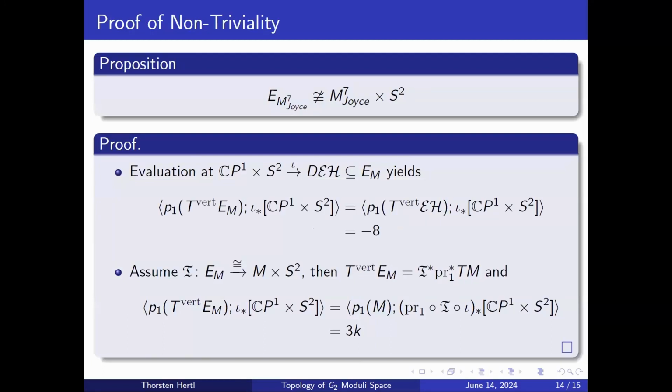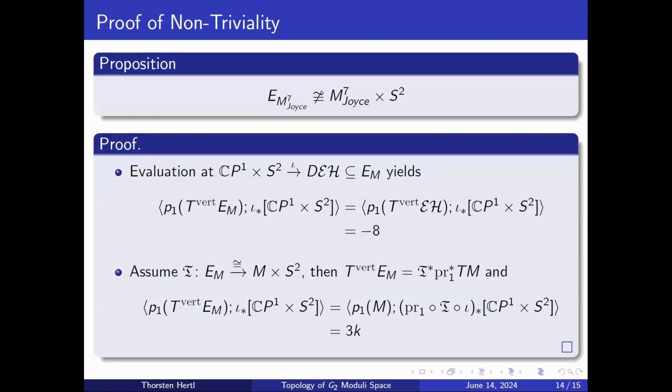So recall that we have this canonical inclusion of CP1 times S2 into this bundle of this family, and we can extend it to an embedding into this fiber. Now we take the first Pontryagin class of the vertical tangent bundle of this fiber bundle and integrate it along this 4-dimensional submanifold.